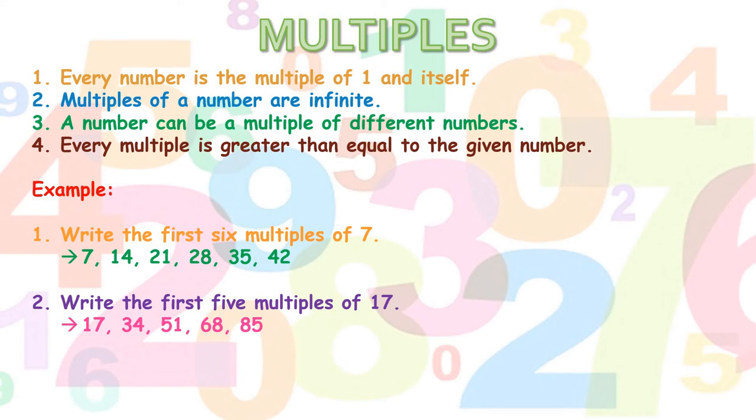So you know how we obtain the multiples? 17 into 1 is 17, 17 into 2 is 34, 17 into 3 is 51, 17 into 4 is 68 and 17 into 5 is 85, just like we do in tables. Write the first 10 multiples of 24.